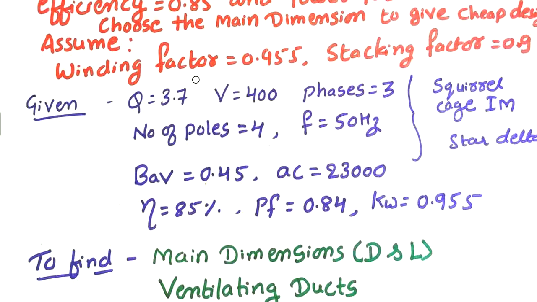So Q is my output power, V is 400 volt, number of phases 3 and number of poles 4, 50 hertz. My average flux density is 0.45, my specific electric loading is 23,000, efficiency 85%, power factor 0.84, and this is the winding factor, that is 0.955.